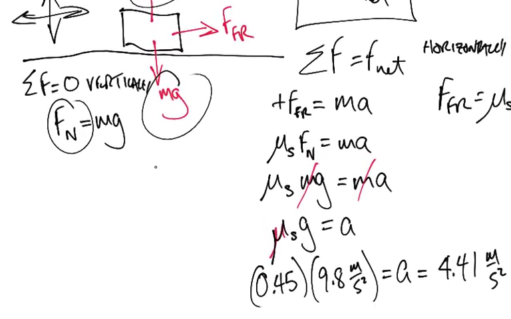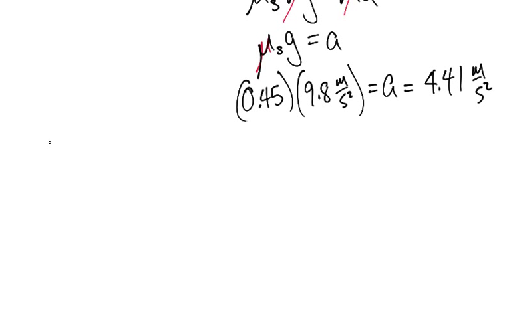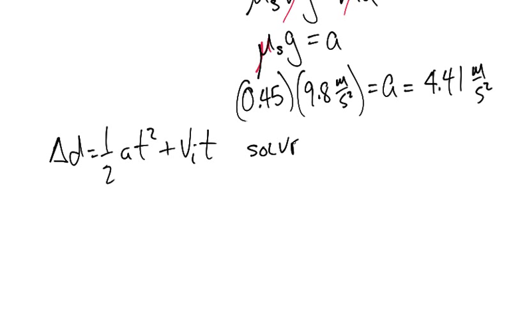If you remember our kinematics equations, we have an equation that says delta D equals 1/2 AT squared plus VIT. This is perfect. This is the equation that we need. So we're going to be solving for T. Luckily for us, this term disappears since VI is 0. Therefore, we're just left with this T.